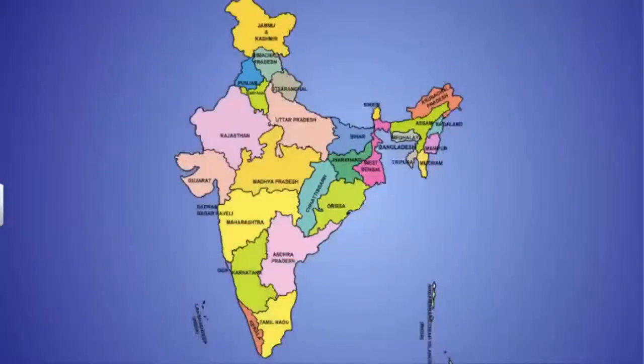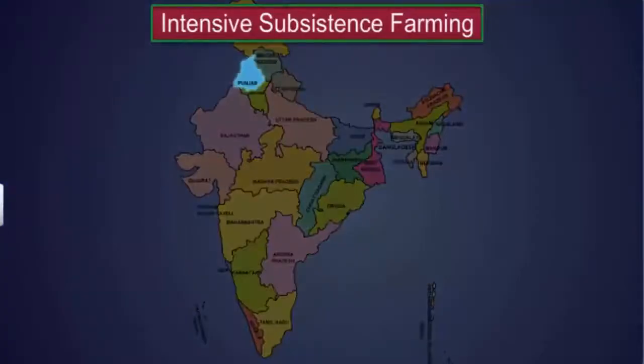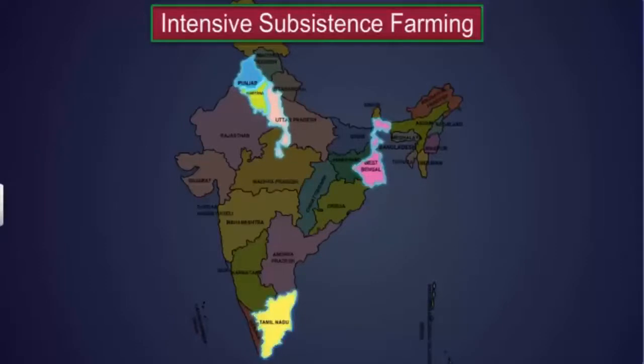Another system of cultivation practiced in India is called intensive subsistence farming. This system is practiced in densely populated areas of India like Punjab, Haryana, Western Uttar Pradesh, West Bengal, Tamil Nadu, Kerala, and the coastal regions of Andhra Pradesh.